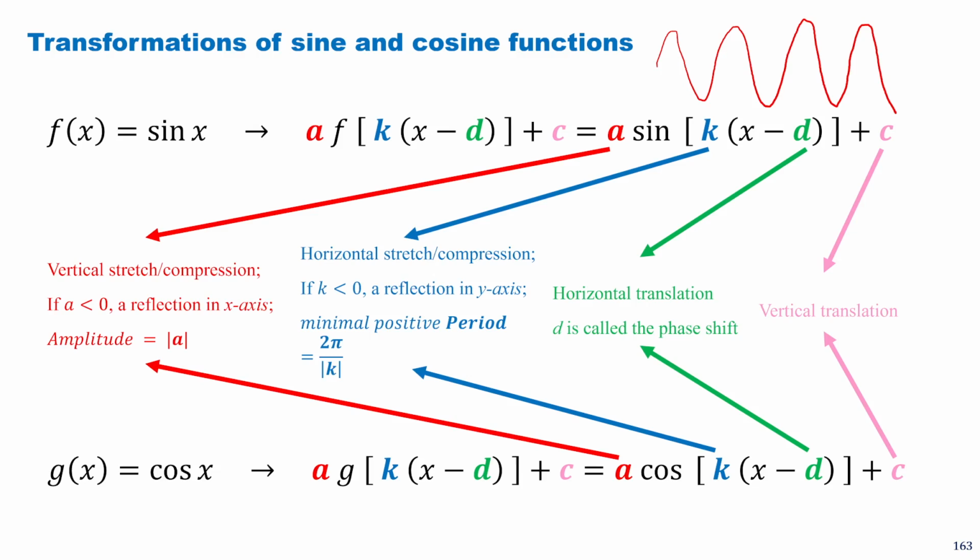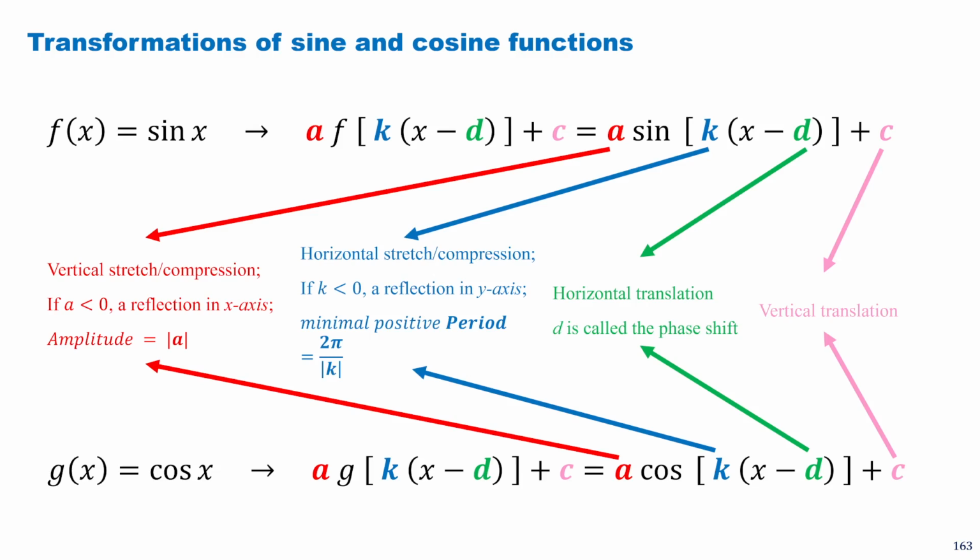Otherwise, if you compress the graph in the horizontal direction, then you will compress its period as well, right? So k has something to do with its period, and specifically the period of sine or cosine equals 2 pi over the absolute value of k. So note that that's the minimum positive period, which equals 2 pi over the absolute value of k.